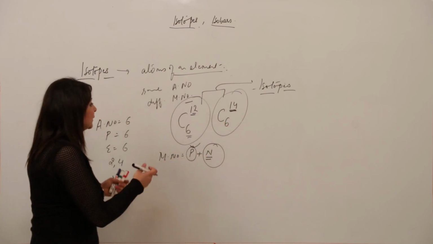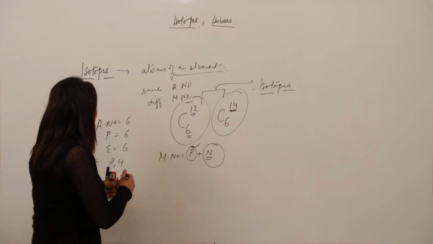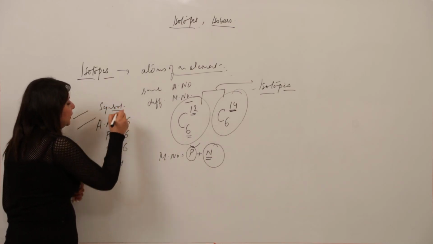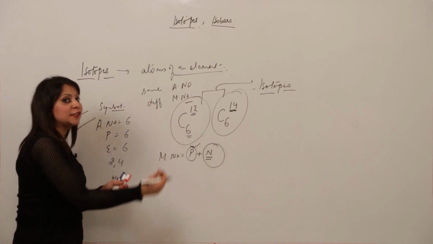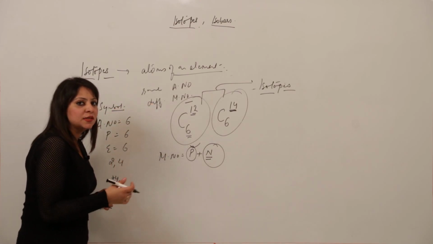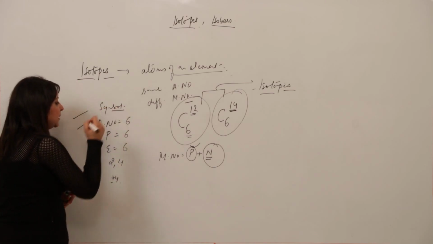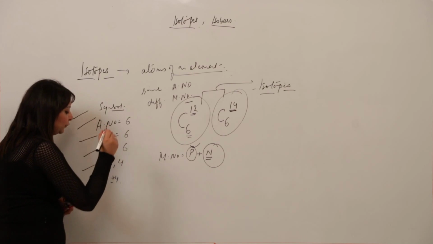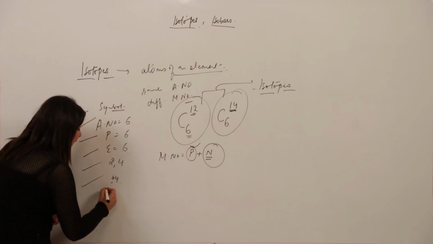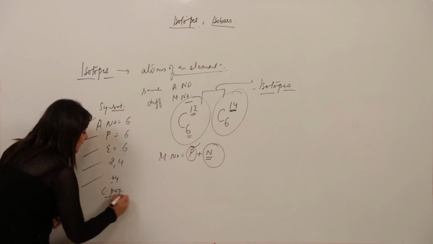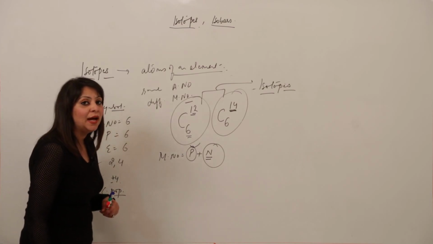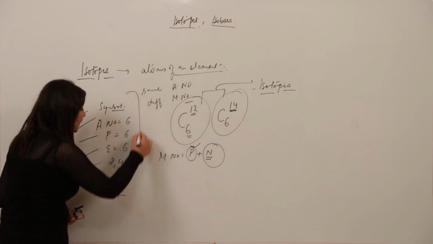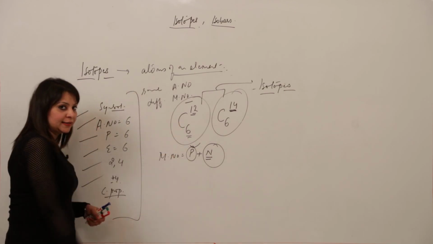So the similarity between them is they have same atomic number, they'll have the same symbol because the atomic number corresponds to the symbol. So if atomic number is same, symbol is also same. They have same symbol, same atomic number, same number of protons, same electrons, same configuration, same valency, and even all the chemical properties will be same because chemical properties are determined by the valency, as I told you in the previous lecture. So these are all similarities which they will exhibit.